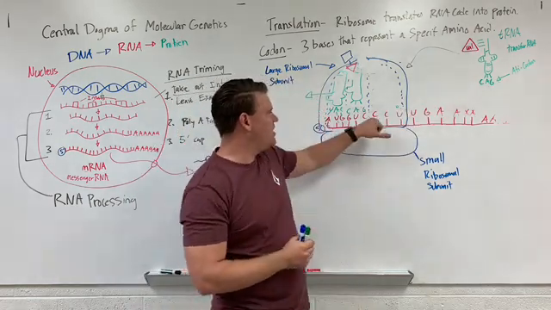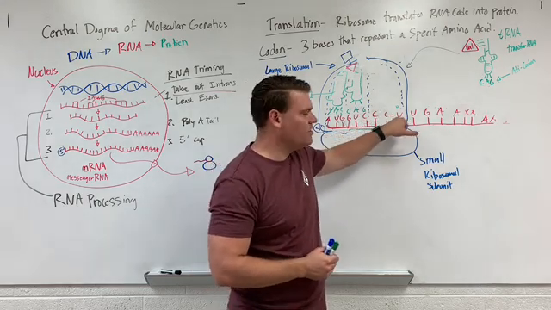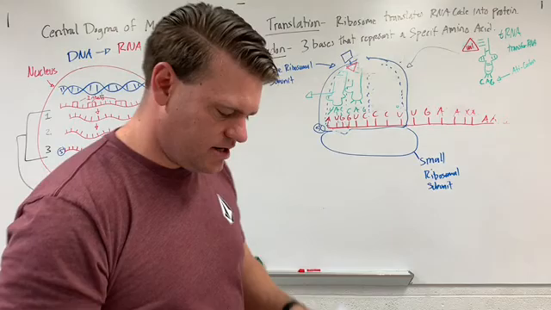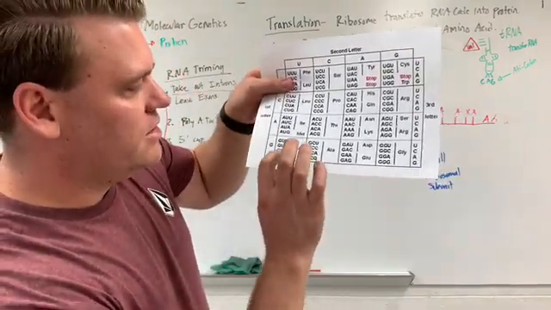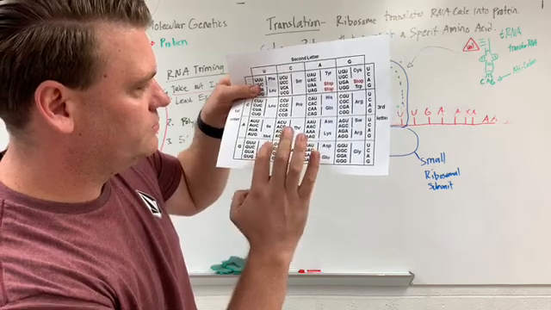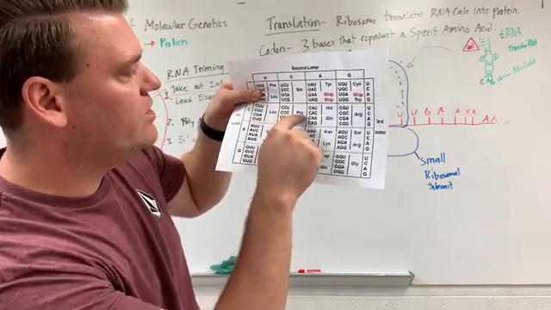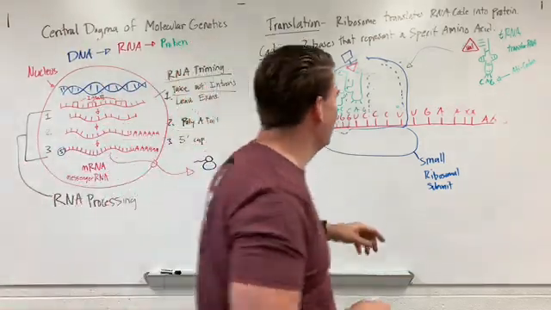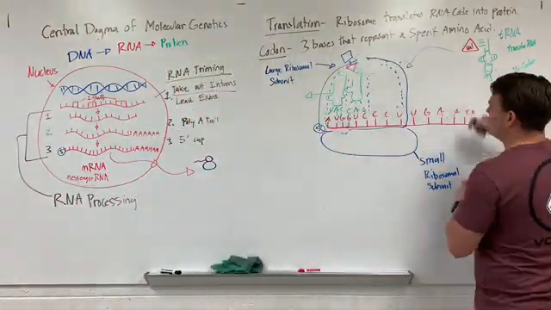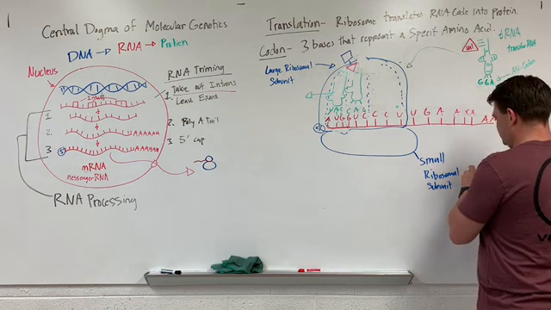All right, our next codon is CCU. So if we go here, let's see, CCU is proline, and the anticodon is going to be GGA.